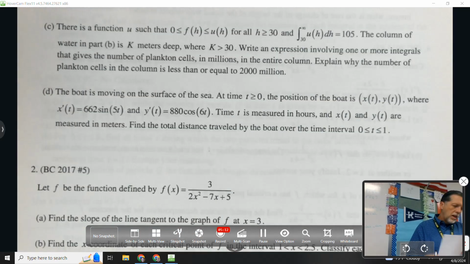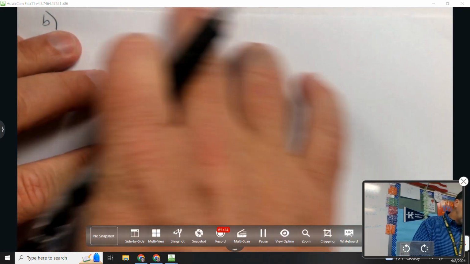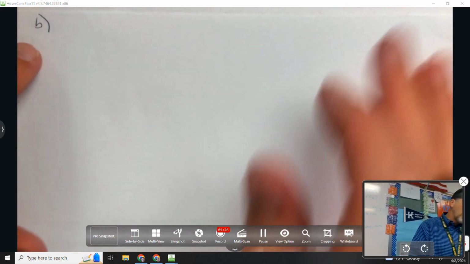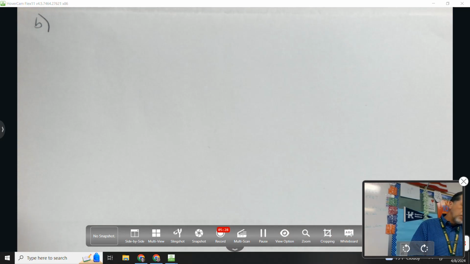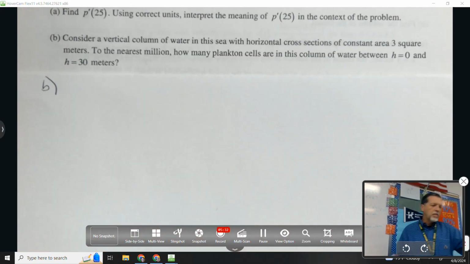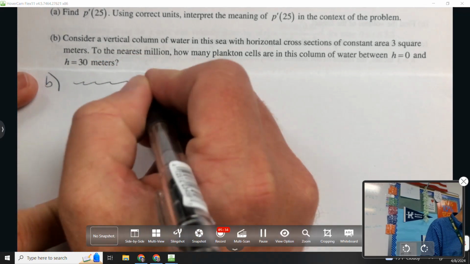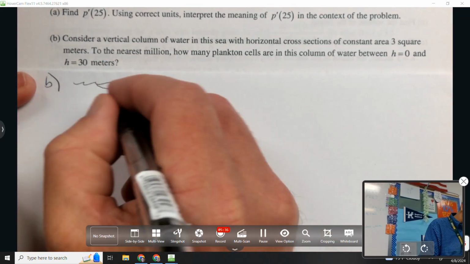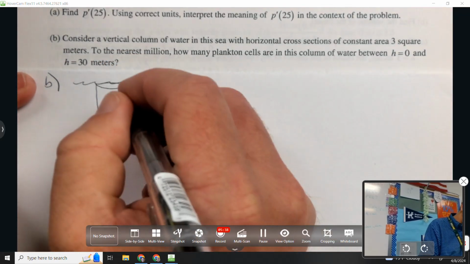Part B. Consider a vertical column of water in this sea with horizontal cross sections of constant area 3 square meters. To the nearest million, how many plankton cells are in this column of water between 0 and 30? Okay, this is a little bit tricky for some. Here's the surface of the water. We got this column of water that's 30 meters deep.